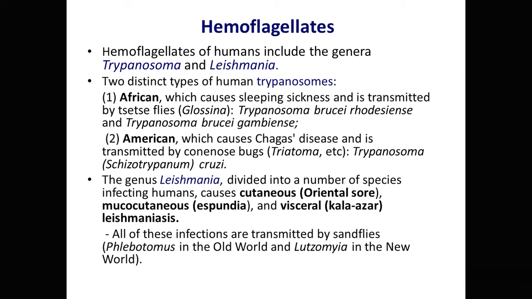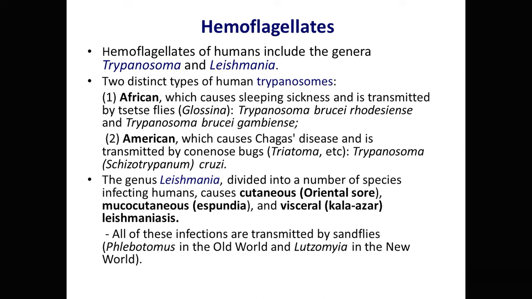Hemoflagellates. These are flagellates that affect blood and tissues. Under hemoflagellates, we have two major groups, trypanosoma and leishmania, and they are mainly distributed in tropical and subtropical areas.